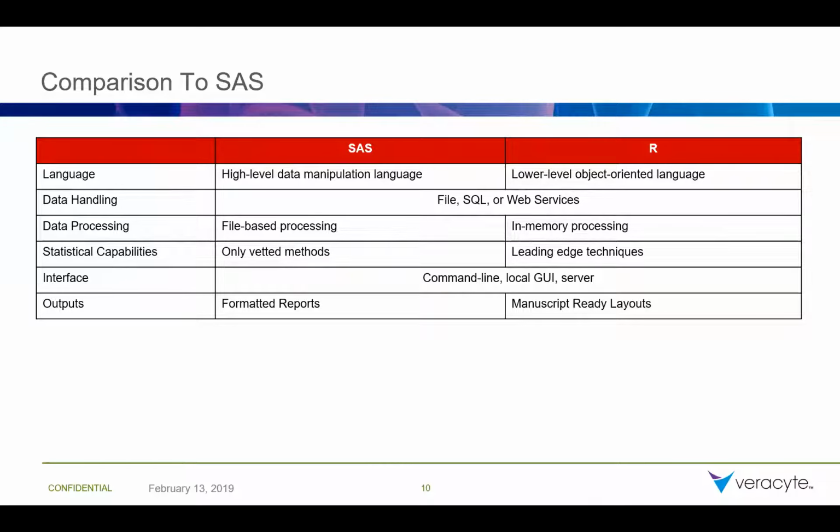The first one is that there's a difference between the languages between SAS and R. SAS is a high-level data manipulation language, whereas R is a lower-level object-oriented language, so it aligns more with your C++ or your C# or Java type languages, whereas SAS aligns more with a SQL language or some sort of meta language like PL SQL from Oracle, where you're doing data selection and data manipulation activities.